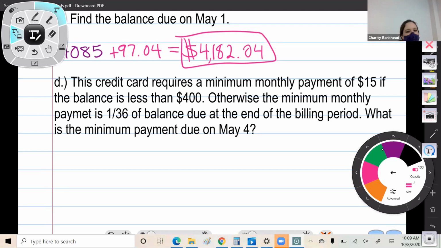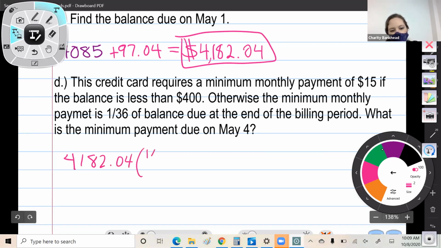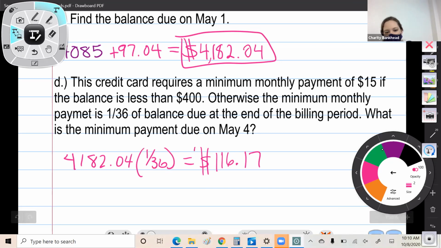So take that balance, and since it's over $400, we're basically going to divide it by 36 or multiply it by 1/36, same thing. So $116.17 is the minimum payment.